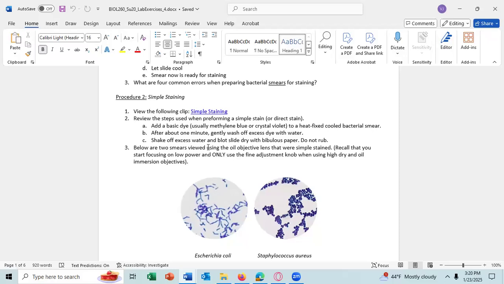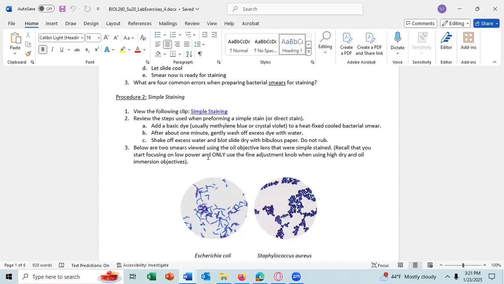You do not rub the slide against the paper or the paper against the slide, because that will remove cells. Then enough of the water will be removed that you can even use oil on the slide and then view the cells under the microscope.